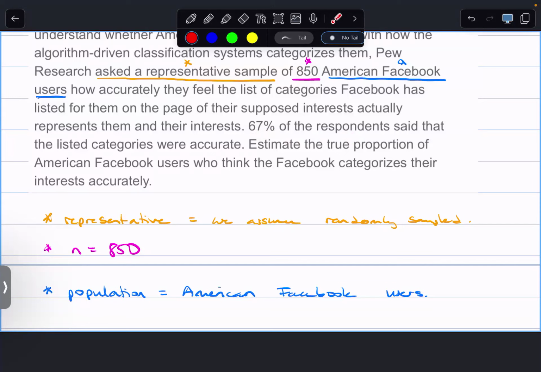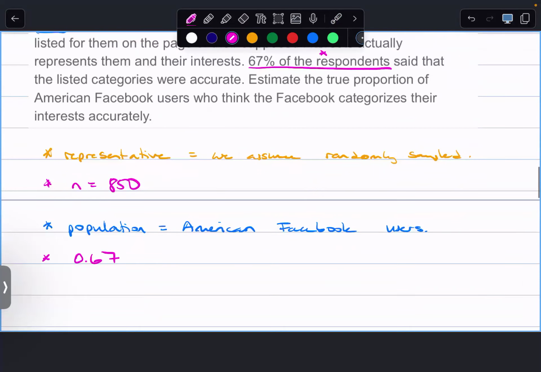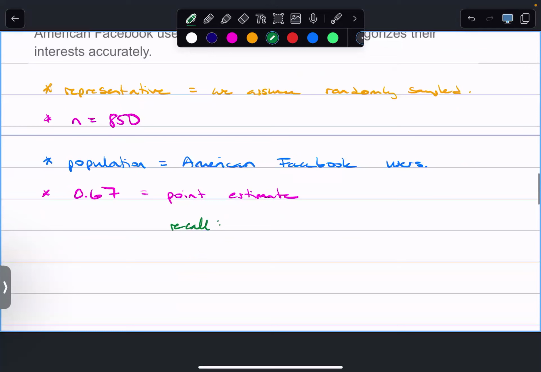This is the point estimate, and I reverse the order that I'm saying it, but 0.67 is the point estimate. Recall that a percentage is roughly a proportion, just divide by 100, which is a probability. So these three P's are used interchangeably.